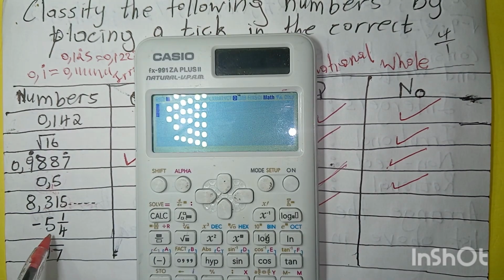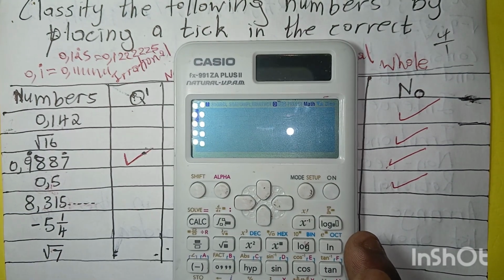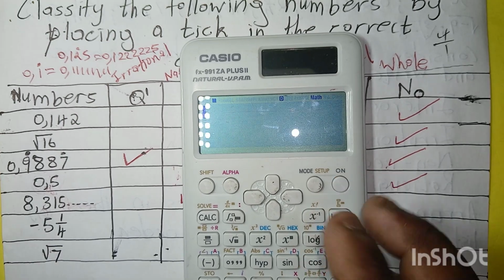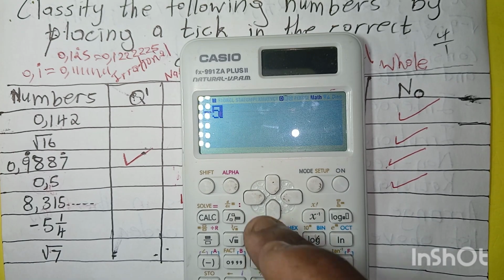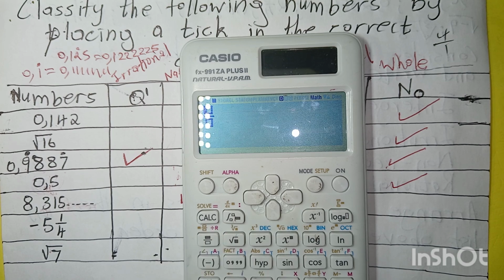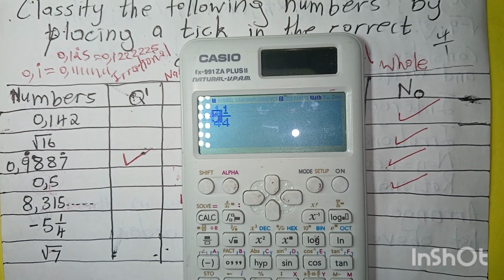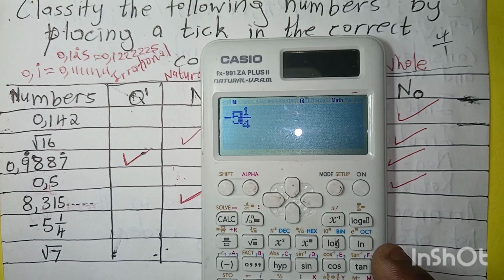So here's a problem. Learners feel it's hard to press this on the calculator. Most of them make mistakes here. Like, they press -5, or they start with the fraction, and they say 1/4, and they put -5 here. This, guys, is wrong.